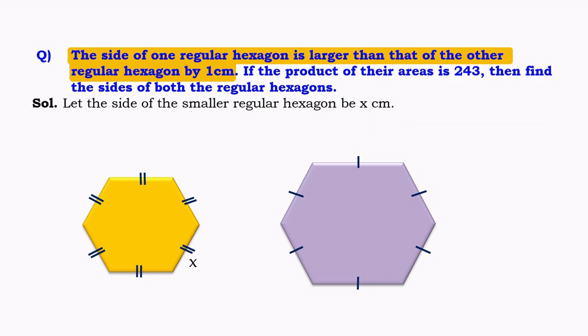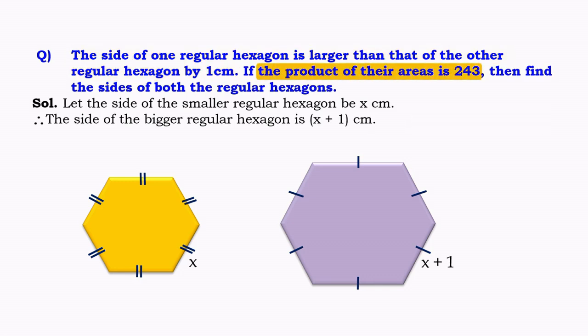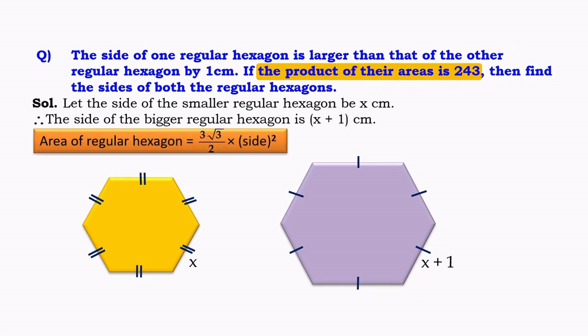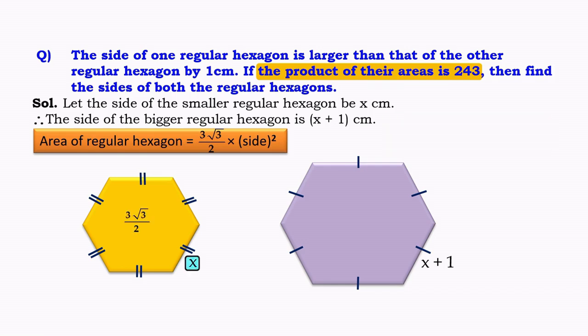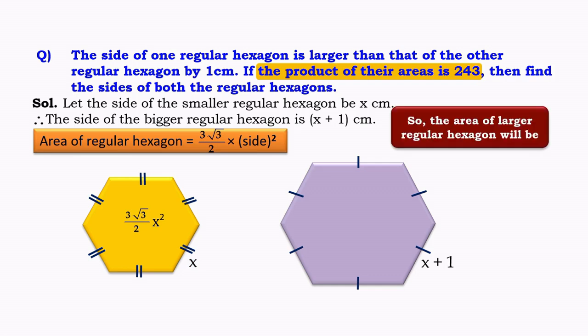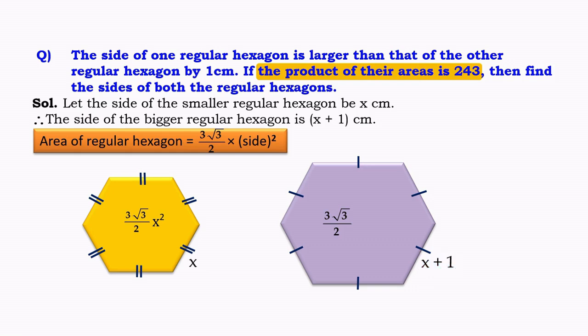We know that the area of a regular hexagon having side length is given by 3 root 3 by 2 multiplied by the square of the side. Therefore, the area of the smaller hexagon is 3 root 3 by 2 multiplied by x squared. Similarly, the area of the bigger hexagon is 3 root 3 by 2 multiplied by the square of x plus 1.